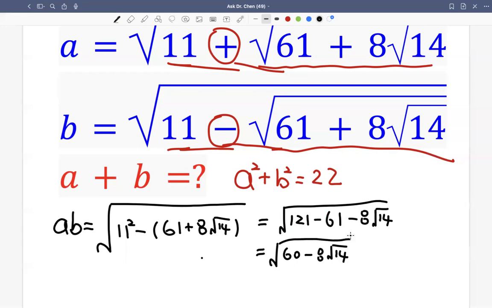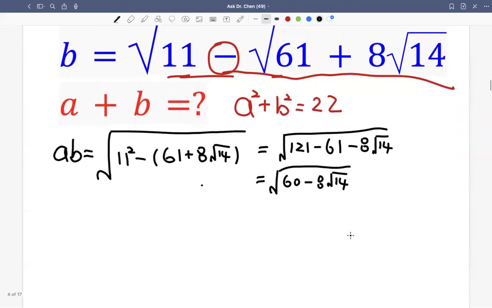Now, can we simplify this? If we can make the radicand a perfect square, that would be ideal. For a radical 14, we can write it as 2 times 4 times square root of 14. So we think, what's 4 squared? 16, plus 1, that's too small.